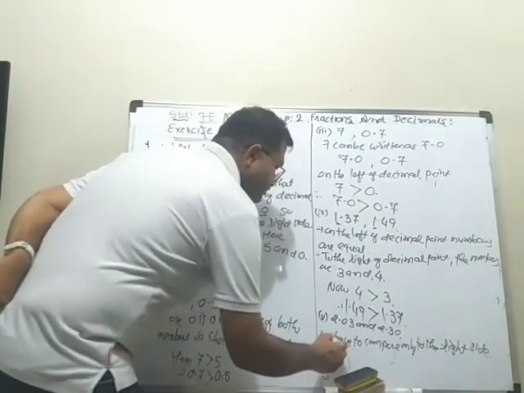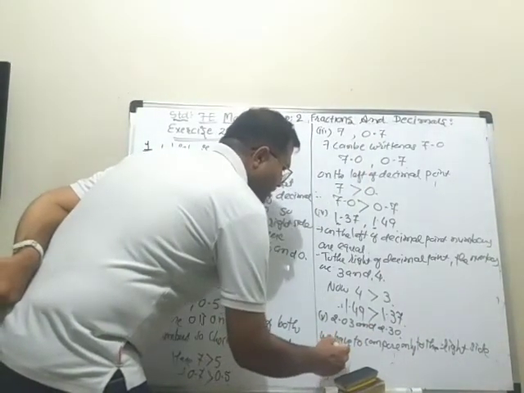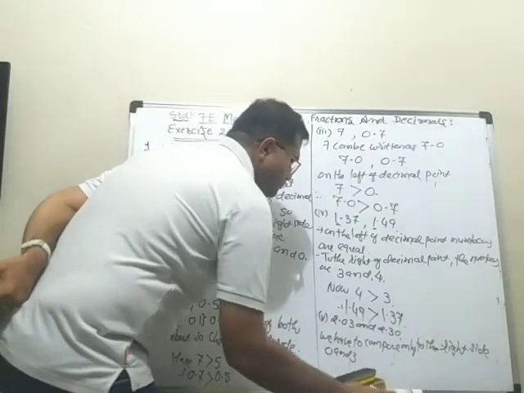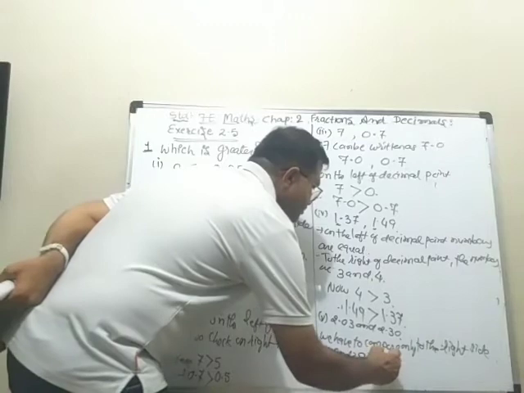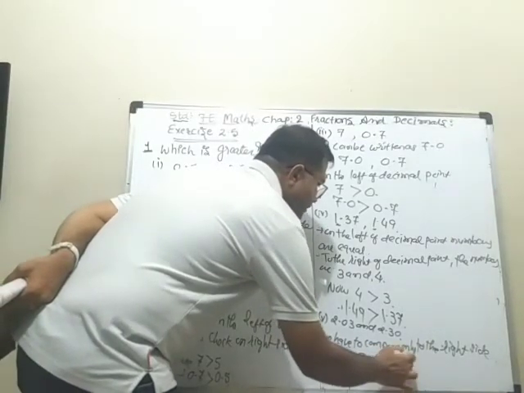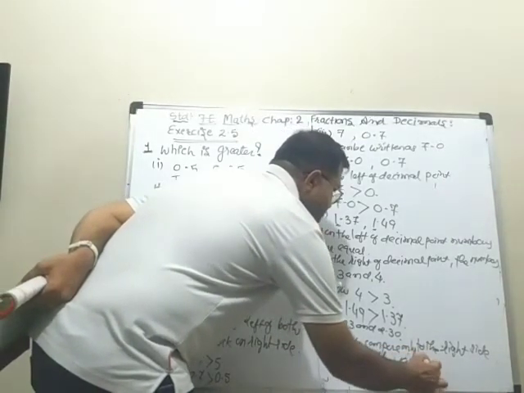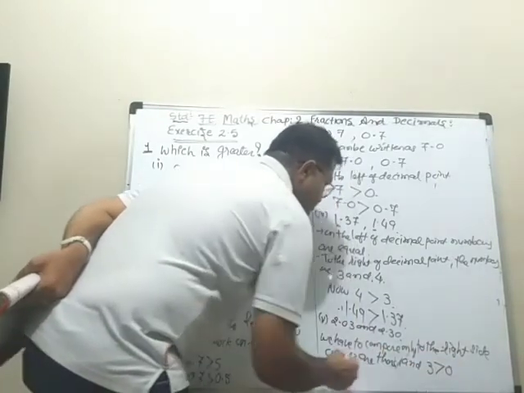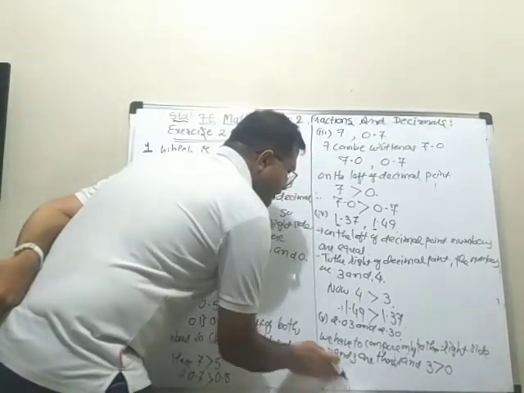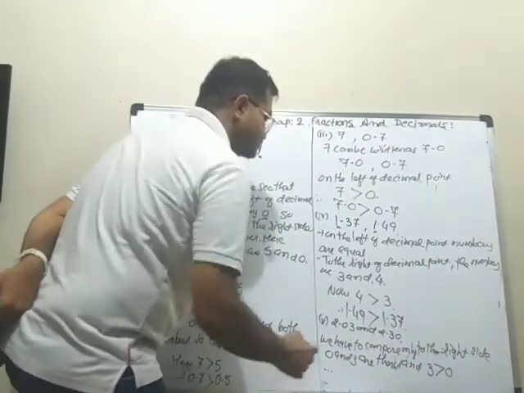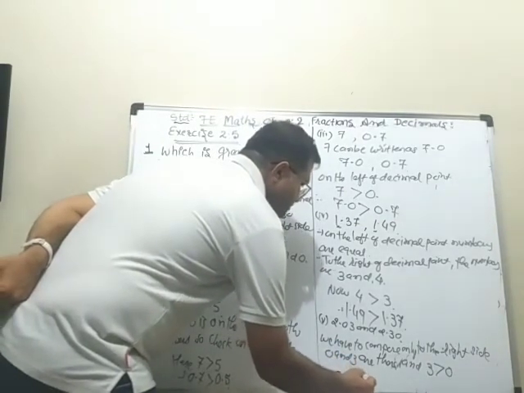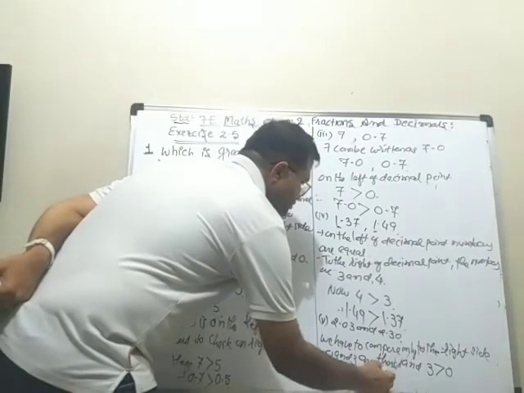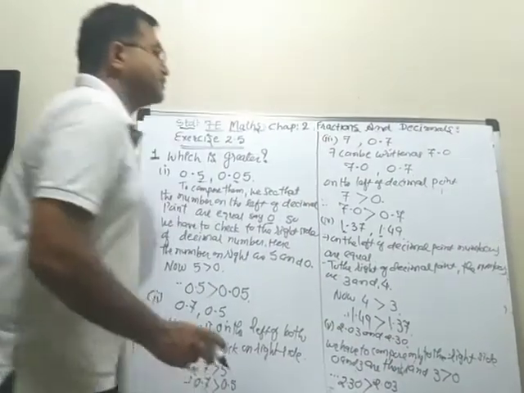So here 0 and 3 are there, and 3 is greater than 0. So we can write that therefore 2.30 is greater than 2.03.